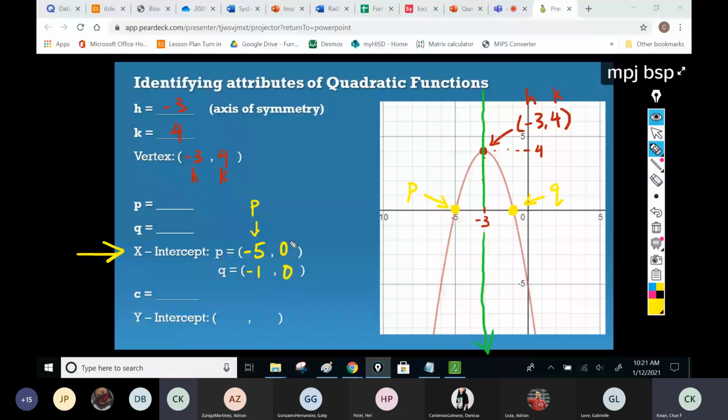This is your P. We don't really care about the 0 on the right because we know it's going to be 0 because it's on the x-axis. So this number right here will also refer to P. And then down here, this number is the Q, so -1.